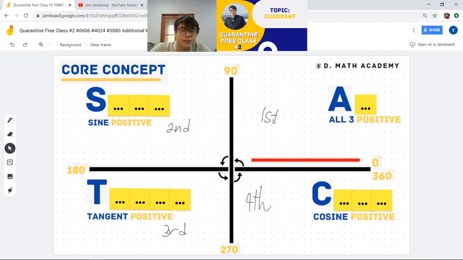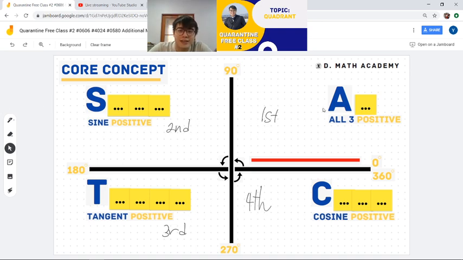At the first quadrant, all three, sine, cosine, tangent, will be positive. The second quadrant here, only sine will be positive. And we have third quadrant, which is our tangent, the only one that's positive here. And the last one, which is the fourth quadrant, cosine is positive over here.